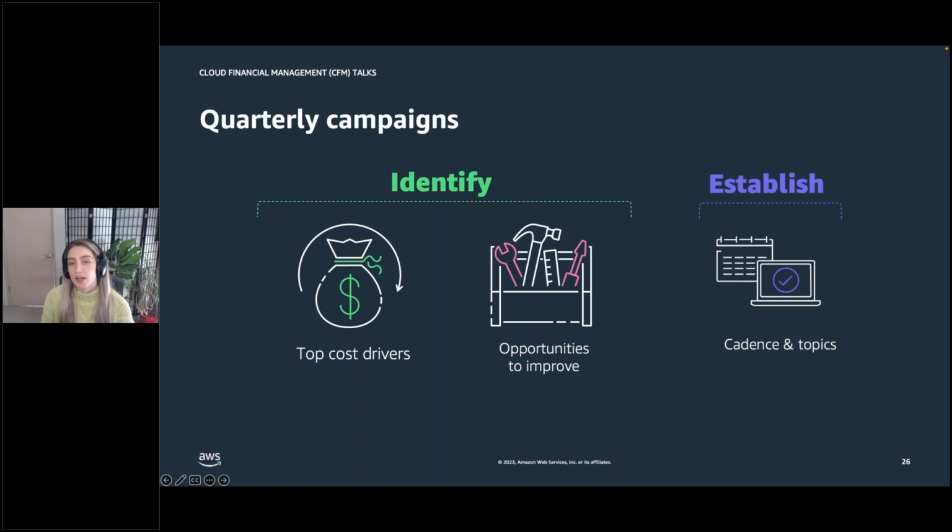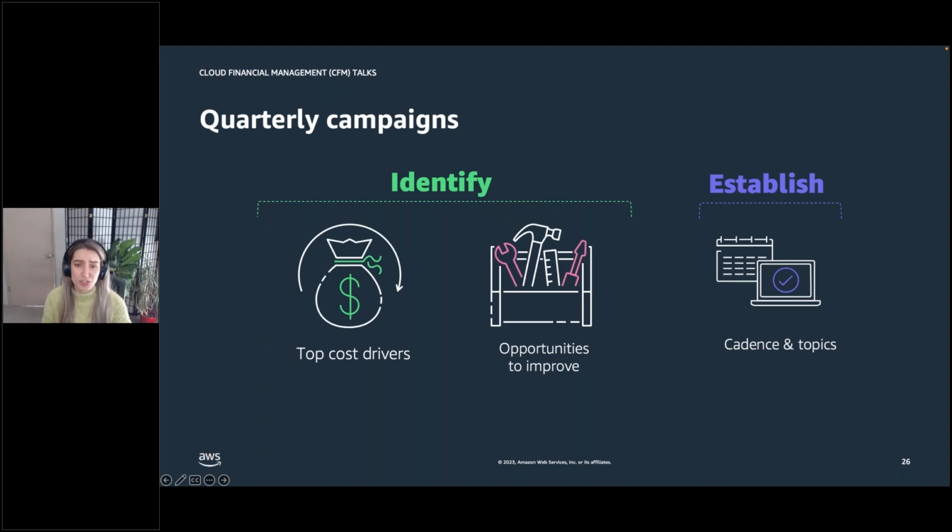This can really help if your organization suffers from analysis paralysis, or if you have a lot to tackle at once and you don't really know where to start. Taking a step back, identifying where to start, looking at those top cost drivers, looking at those opportunities to improve, and then taking a tactical approach with different phases can help drive action without overwhelming your schedule too much.